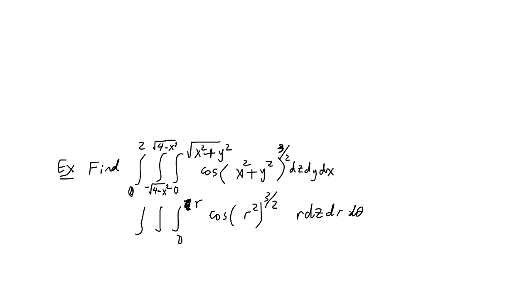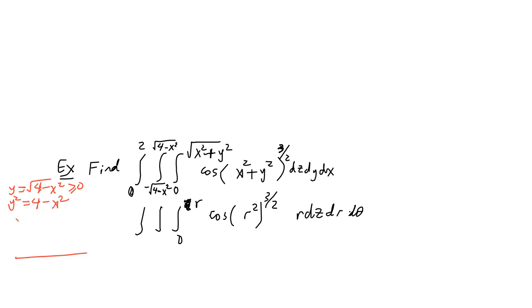Let us sketch these. r from 0 to 2. y equals radical 4 minus x squared. If you don't recognize this, just square both sides. Of course, don't forget that y is greater than or equal to 0. So y squared is 4 minus x squared.